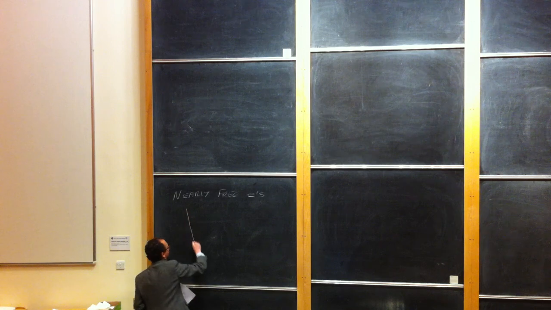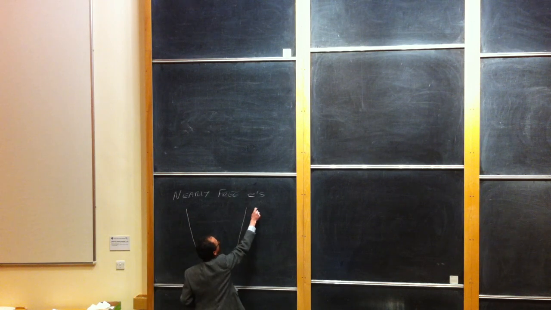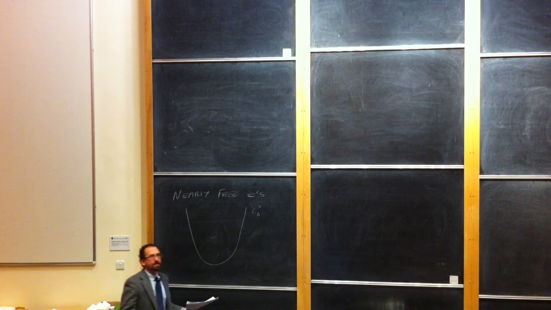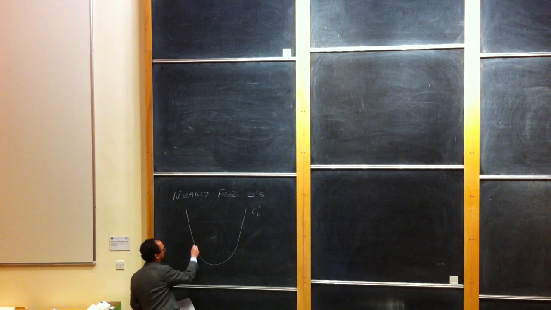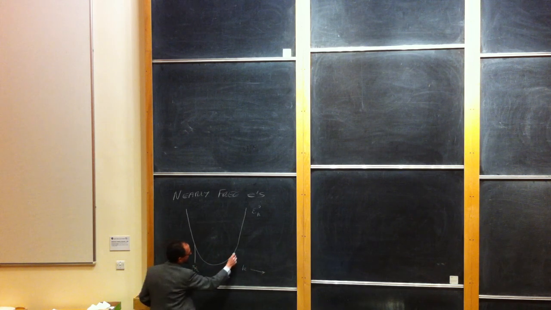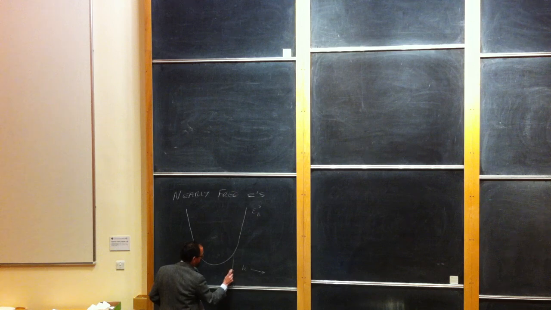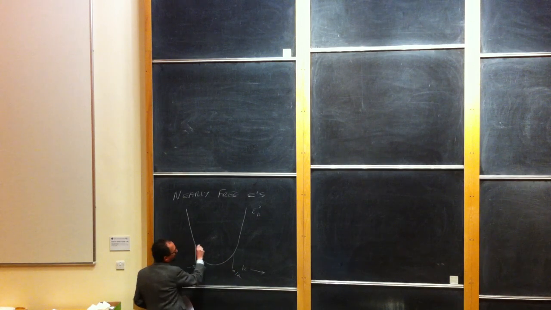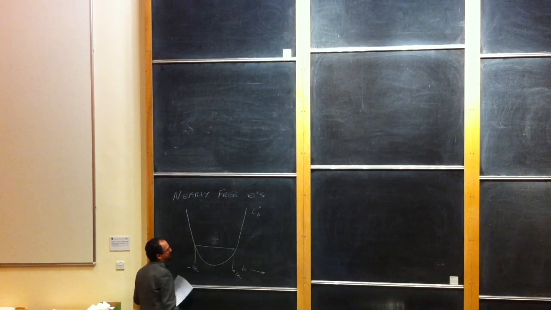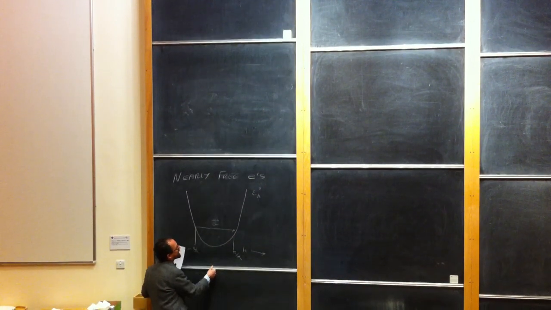We start with a parabolic spectrum of free electrons, E_K naught, and we add a periodic potential. And at K equals pi over A, minus pi over A here, you have two states of the same energy which differ from each other by a reciprocal lattice vector.